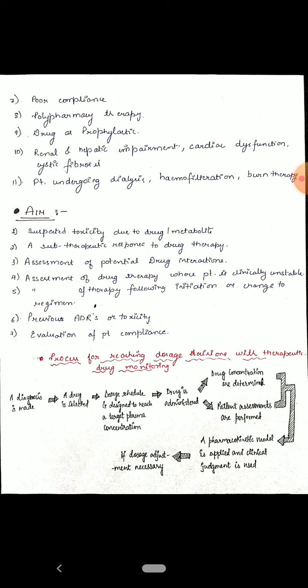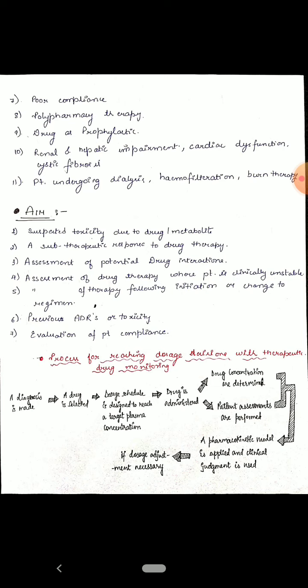TDM also assesses potential drug interactions, assessment of drug therapy where the patient is clinically unstable, or the assessment of therapy following the initiation or change to the regimen. Previous ADRs or toxicity, if present in the drug, and evaluation of patient compliance to reduce the chance of great toxicity.